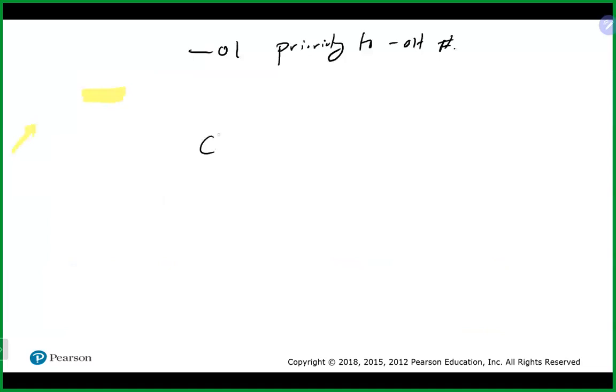So if we had something like this, this would be called what here? Longest carbon chain is how many?